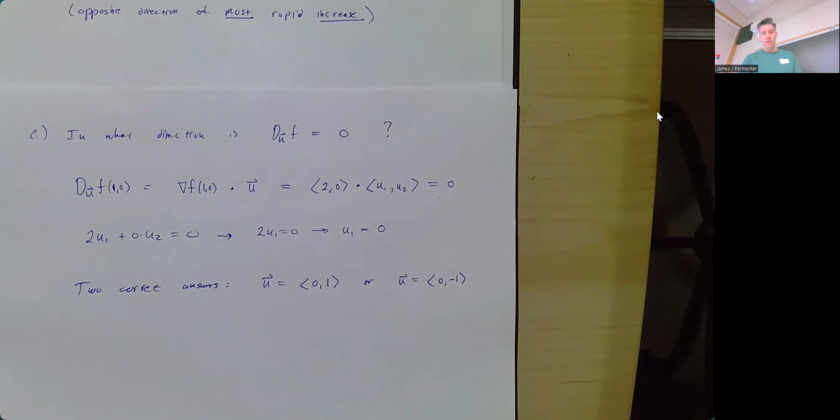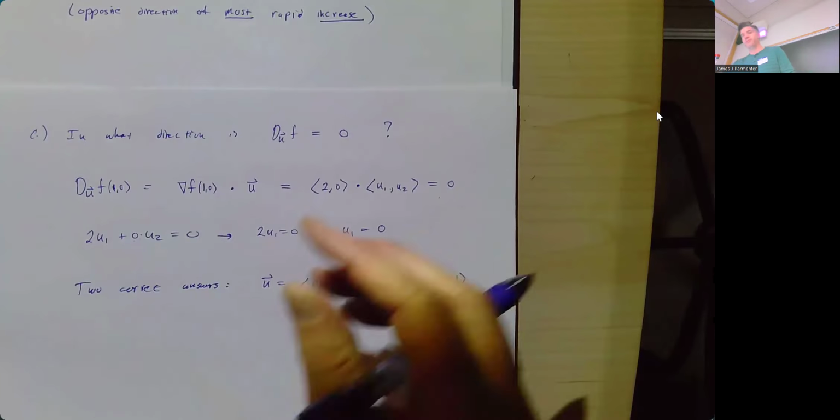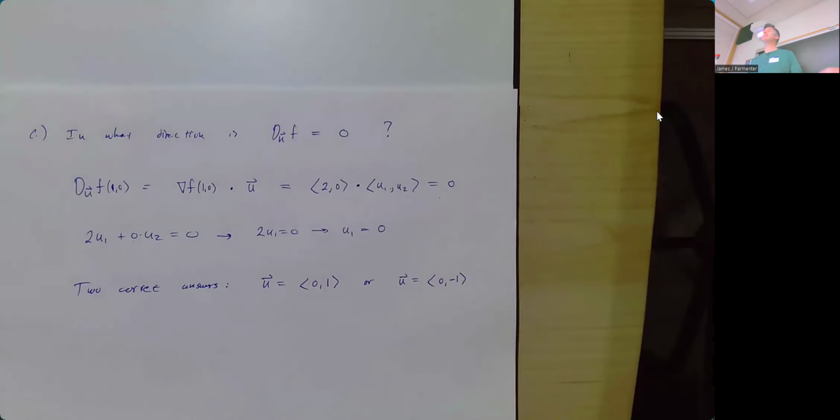Again, technically, your answer could be 0, 7 or 0, -5, but I think you should try to write answers as unit vectors, unless you are told you don't need to. It's also really easy to do if one of your components is 0. Because if you want a vector of length 1 and one component is 0, the other component has to be the length you want, which is 1.